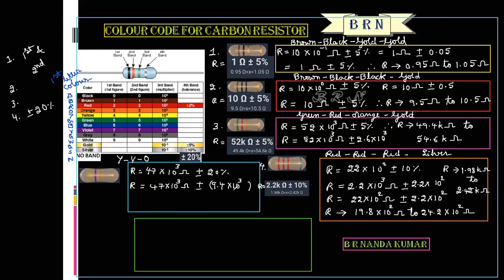So this is 20% of 47 into 10 power 3. So the resistance lies from 47 minus 9.4, that is 37.6.